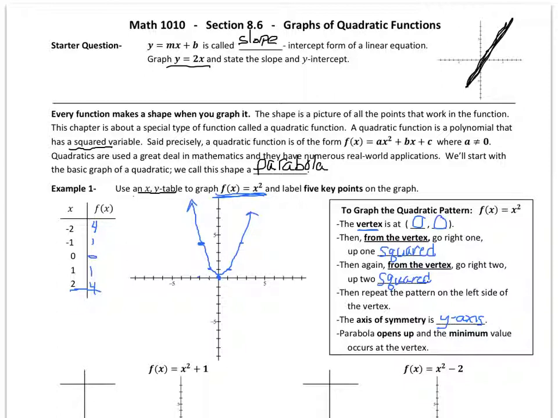Now, one thing that you also will learn as we go is the axis of symmetry always goes through the vertex, and it's always just the x value of your vertex, whatever that is. All right, and then the parabola opens up. We already talked about this. And the minimum value occurs at the vertex.